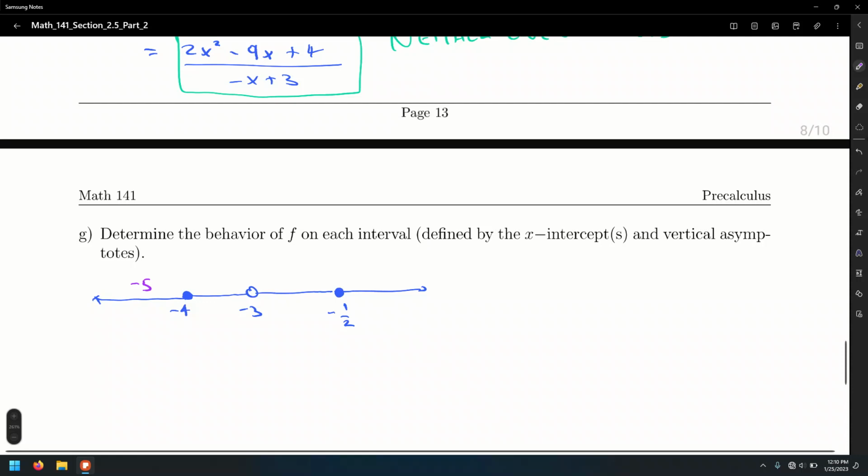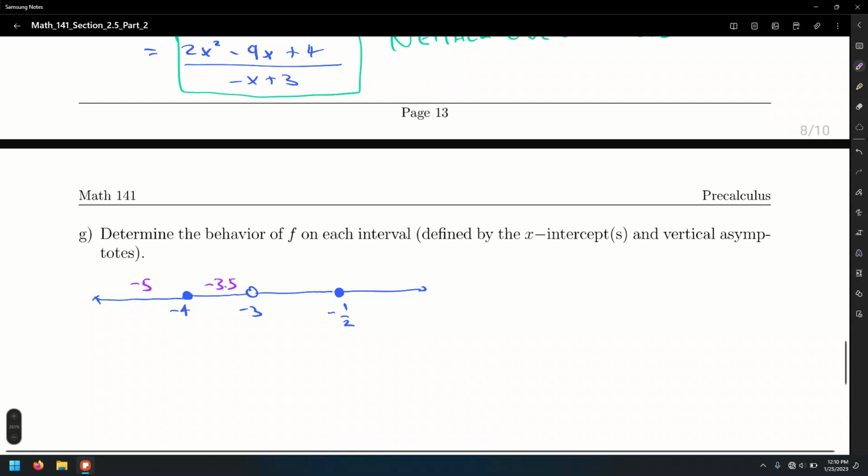But in this case, since we are working on an interval between 2 integers, there's no way around it. We will have to choose a decimal or a fraction. I'm just going to go with a decimal, -3.5. You could do -3.1, -3.2, but I think decimals ending in 0.5 are easier to work with.